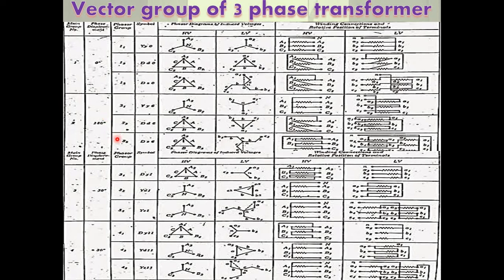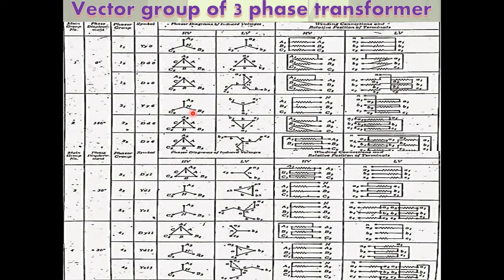In group number 3, 30 degree lagging: Dy1 meaning delta star 1, Yd1 star delta 1, and Yz1 star zigzag 1. And the fourth group is 30 degree leading, plus 30 degree: Dy11 delta star 11, Yd11 star delta 11, and Yz11 star zigzag 11.